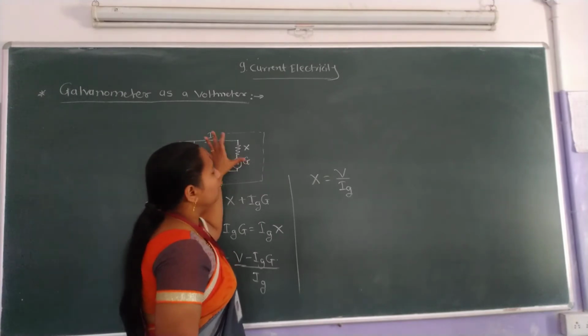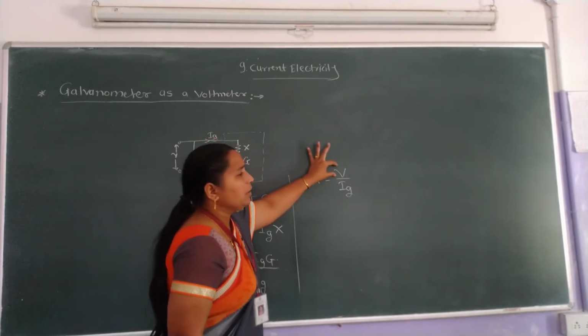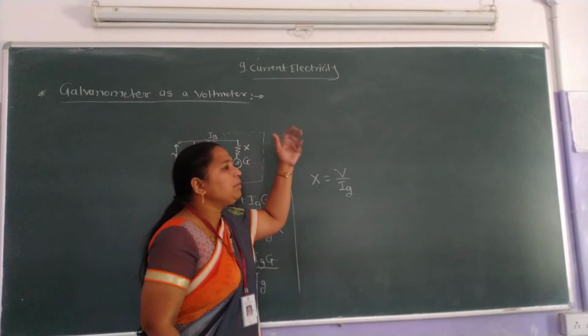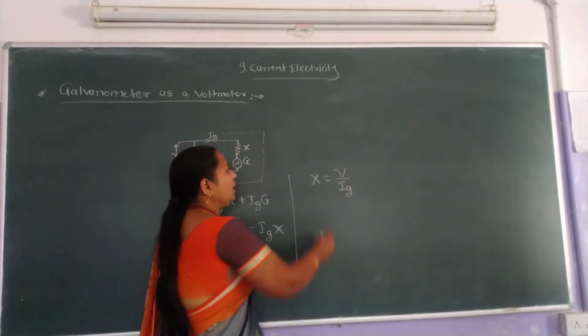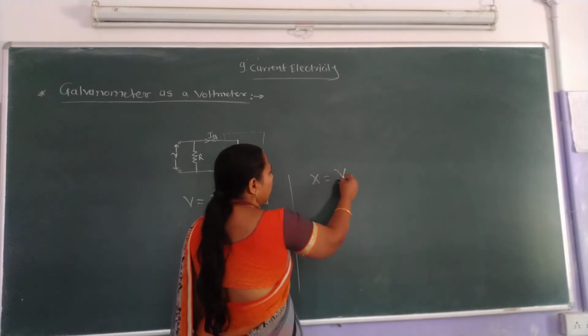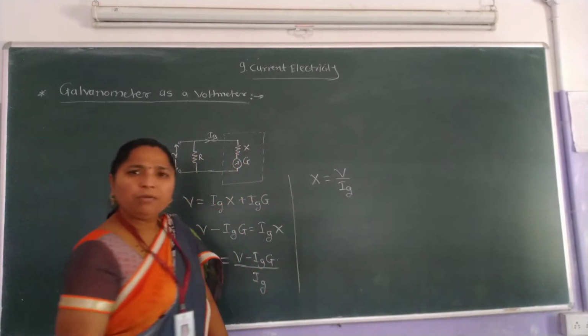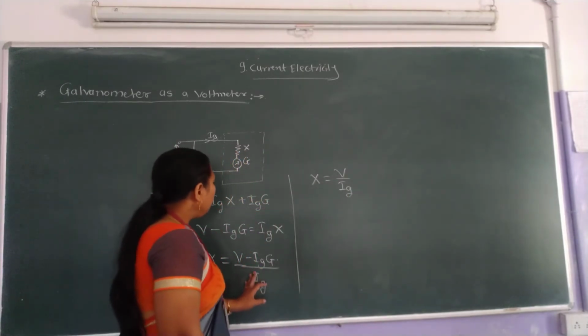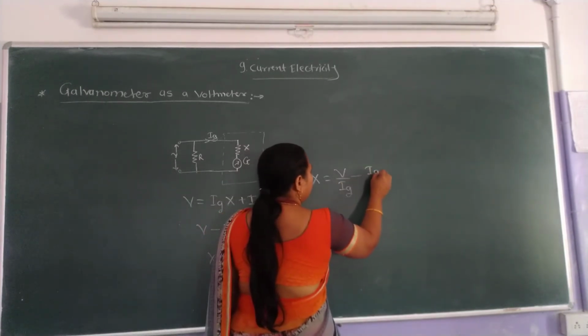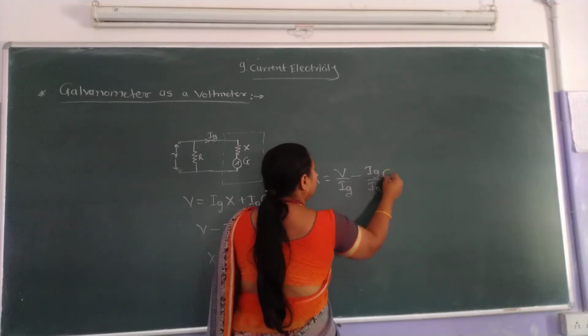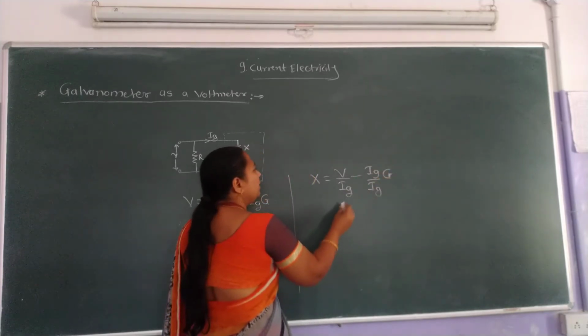The range of the voltmeter can calculate the voltage across the combination. Therefore, the range of voltmeter is denoted by V. V upon Ig minus Ig into G divided by Ig, but Ig upon Ig gets cancelled.